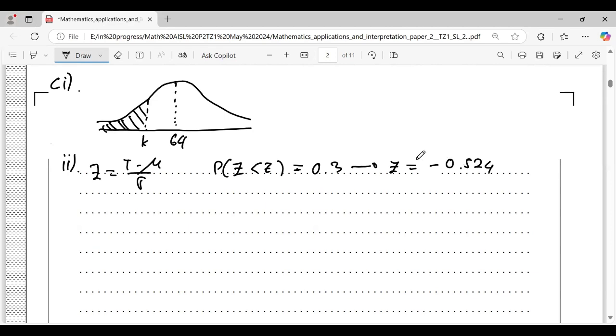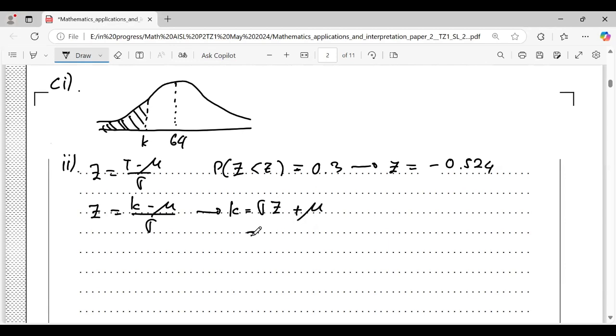Now, convert z to t. We are going to convert z into t according to this formula, z equals k minus mu over sigma, because this k is on this t area, right? So how to convert? k equals sigma times z plus mu, that is k.